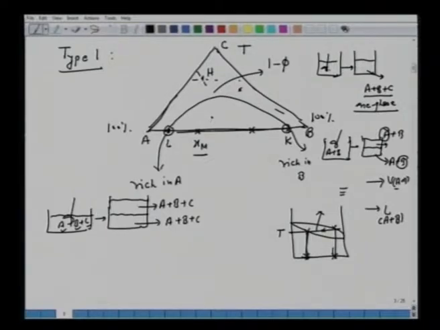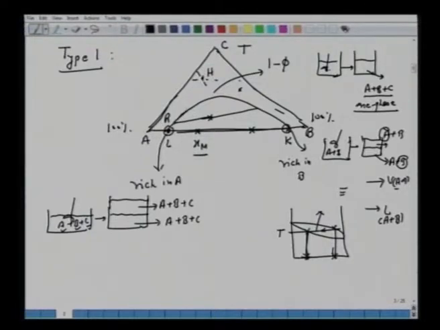So that means if there is phase separation at equilibrium, there is a tie line. Now we have a tie line like this, and we give the phases names. The phase which is rich in A, we call raffinate.